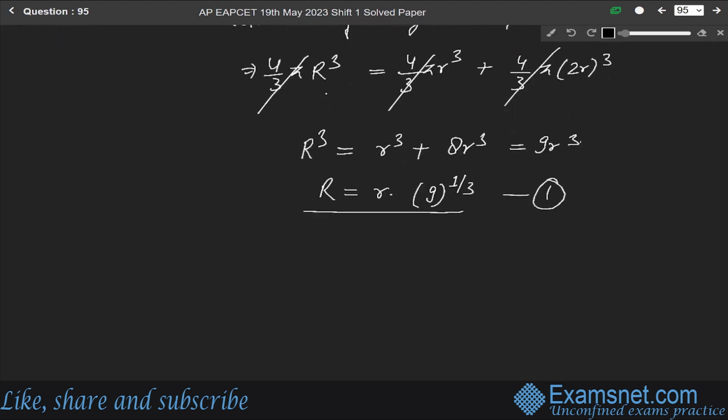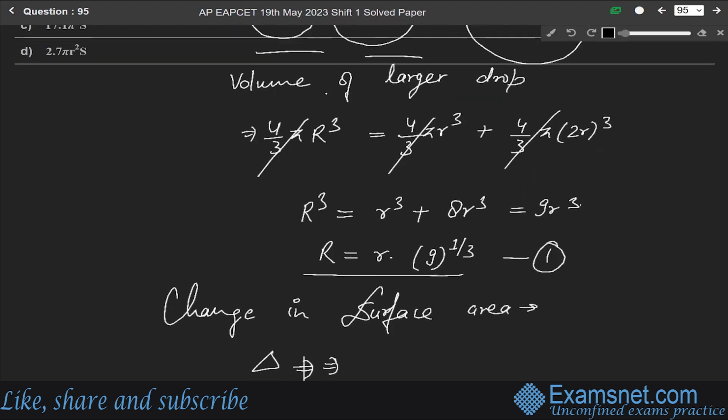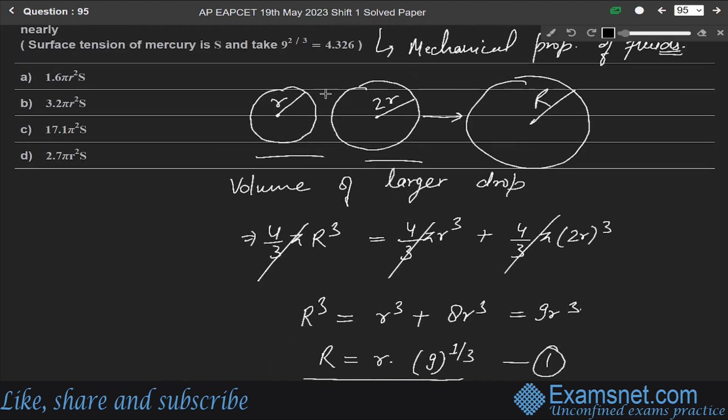Okay. Now the change in surface area, delta A, will be the sum of the surface areas of these two drops minus the surface area of the bigger drop.